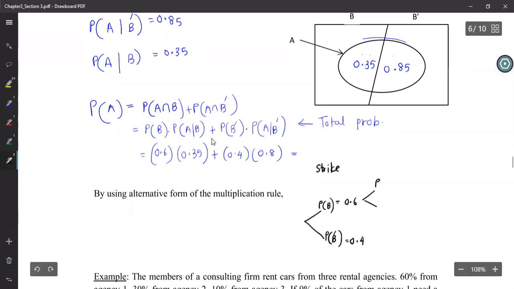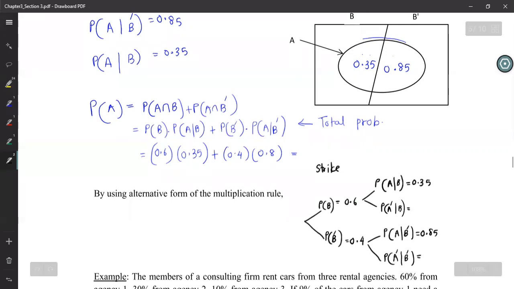Now what do you have? Probability that the job will be done given that there is a strike. What is it? 0.35. This branch is probability the job will not be done given there is a strike. Well, we'll find that later. What is the next branch? Probability that the job will be done on time given there was no strike. We know that probability is 0.85. Probability that job will not be done given there's no strike.